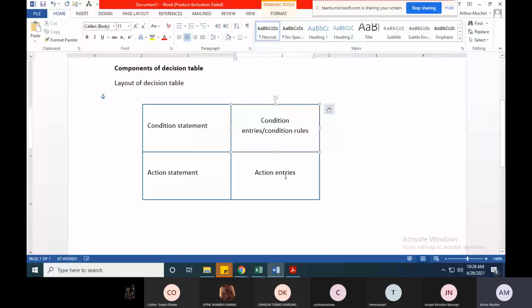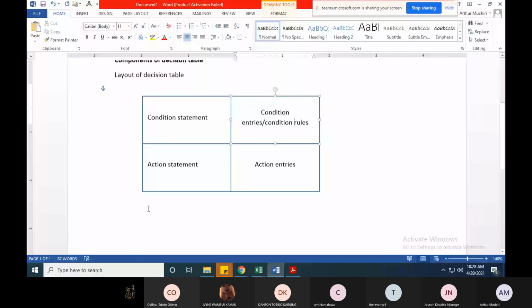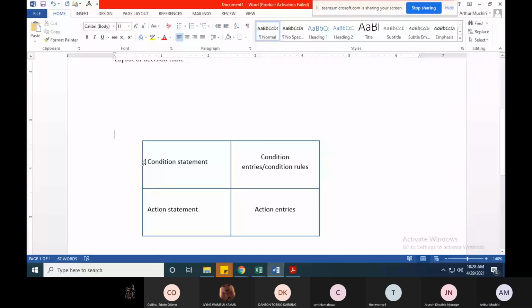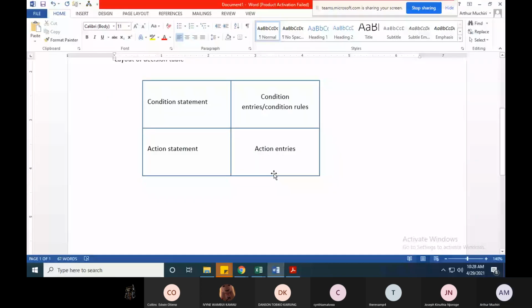I hope you are done designing this table. Let's look at the first one, condition statements.